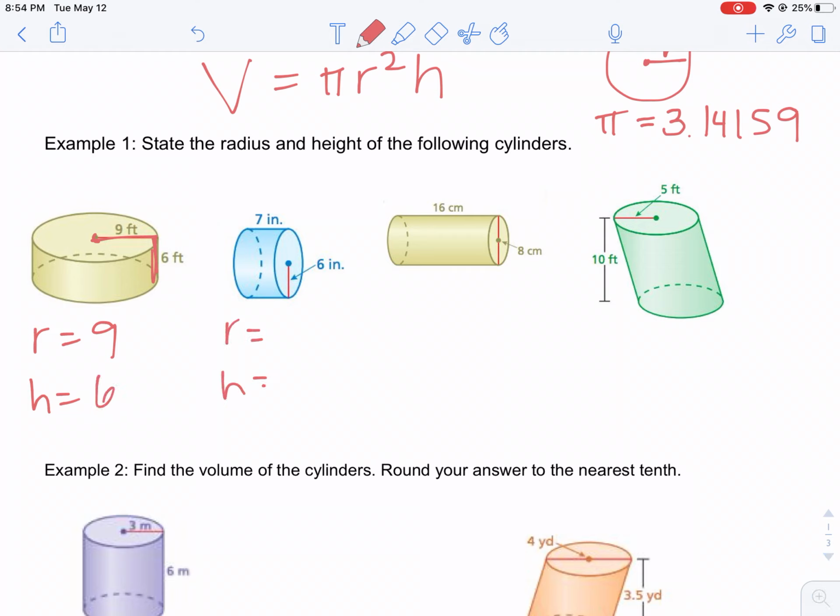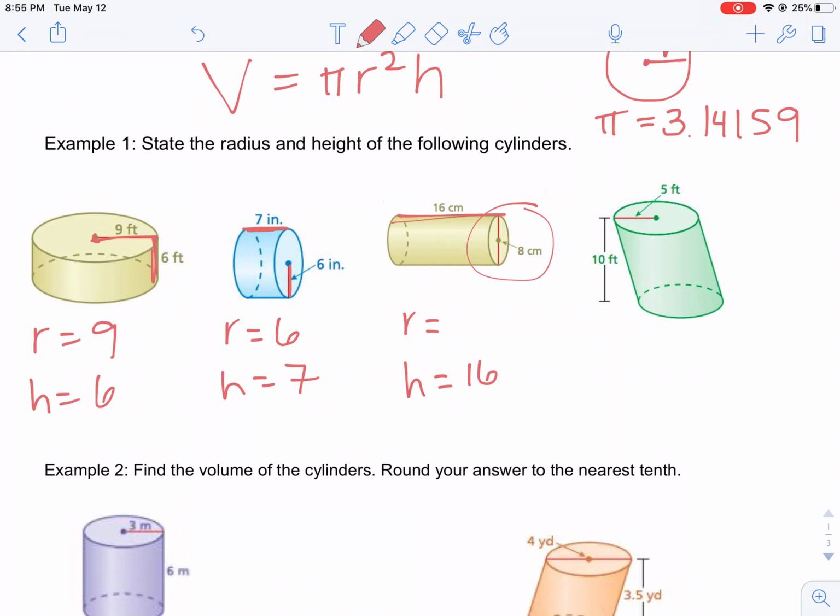For the second one, this cylinder is kind of on its side, so the height though is still 7. It would be how tall it is if it was standing upright, and then the radius, that halfway across, would be 6.